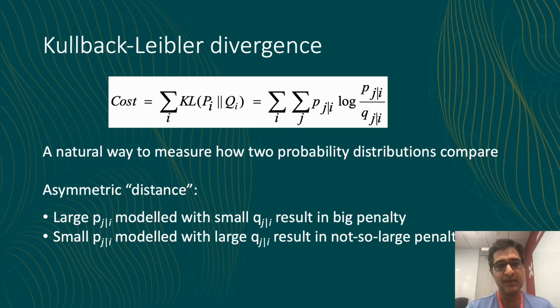So essentially this asymmetric distance allows us to model that if there was a large probability in P which was modeled with a small probability in Q, it will result in a big penalty, and vice versa, a small probability in P modeled with a large probability in Q would not result in such a large penalty.